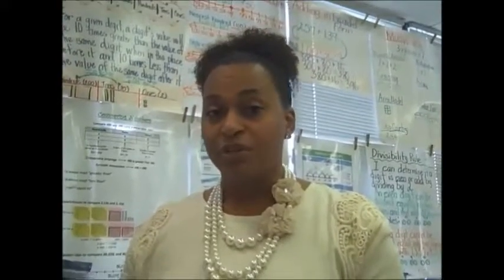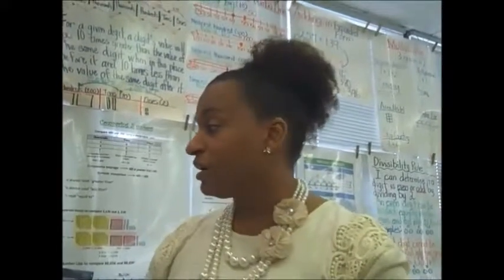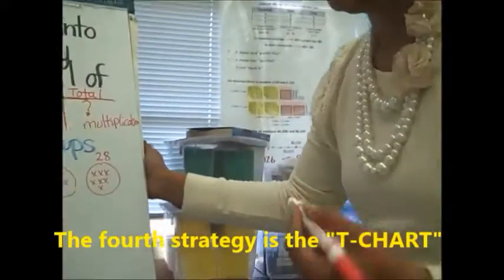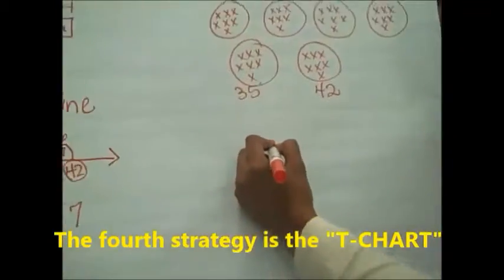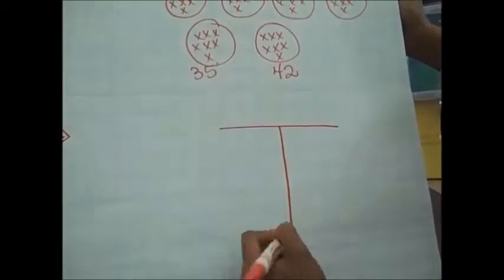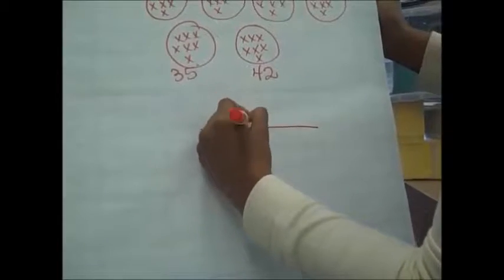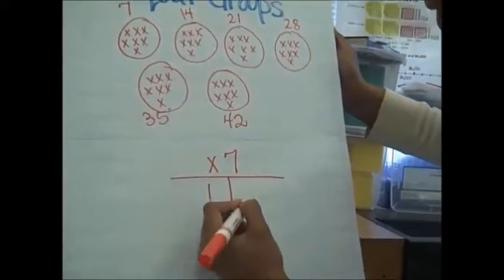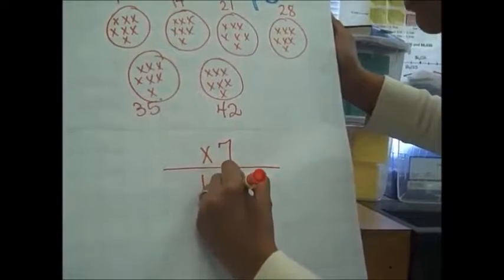Now the fourth way I'm going to show you is a T-chart, and the fifth way will be an area model. The fourth way is a T-chart, which is sometimes called a T-table, but it looks just like a T. And I am going to multiply by 7. When I have one group of 7, I have 7.